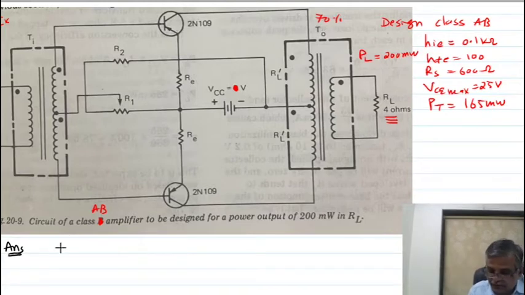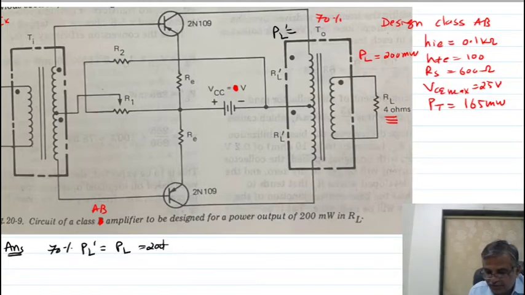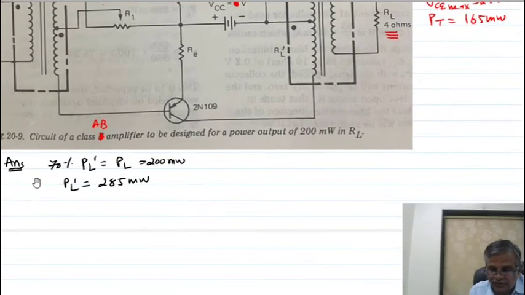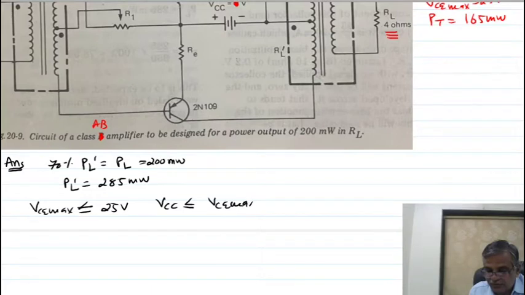You know this is 70%. So here is PL dash. 70% of PL dash should be equal to PL. It is 200 milliwatt, so PL dash should be 285 milliwatt. Very simple, same thing I am doing, only one thing is changed. Now, you know that VC max is 25 volt, so VCC should be less than VC max by 2.